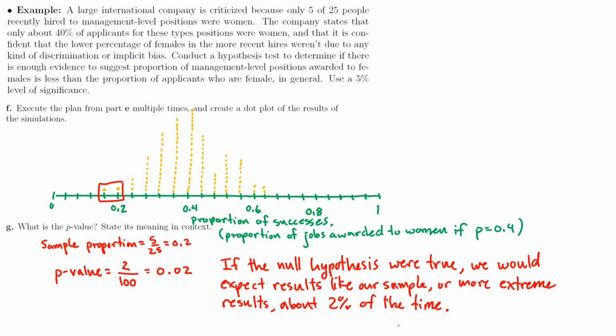So that means that it's certainly possible that we happen to get this low sampling of positions at this company that just happen to have a really low number of women. That could have just happened due to random chance, is what this is saying. But it's also saying that it's not very likely, right? That there's about a 2% chance that that happened.